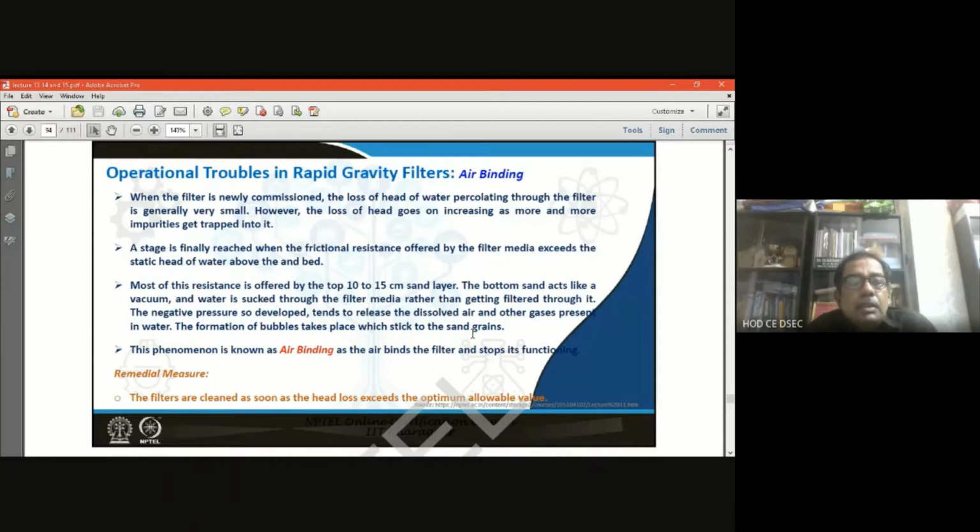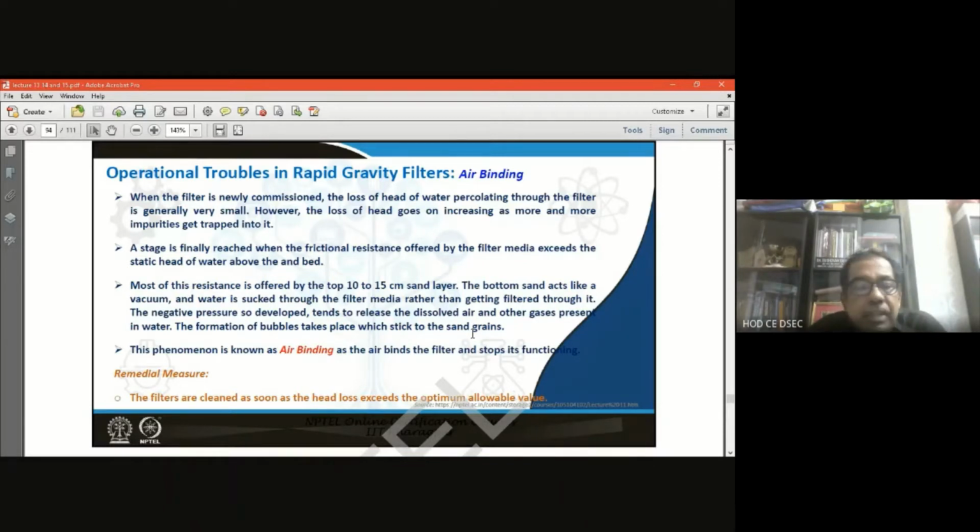Now, a stage is finally reached when the frictional resistance offered by the filter media exceeds the static load of the water above the sand bed. What does it mean? It means the top 10 to 15 centimeters of the sand layer resist the flow of water due to the tremendous head loss caused by the clogging materials trapped in the filter media.